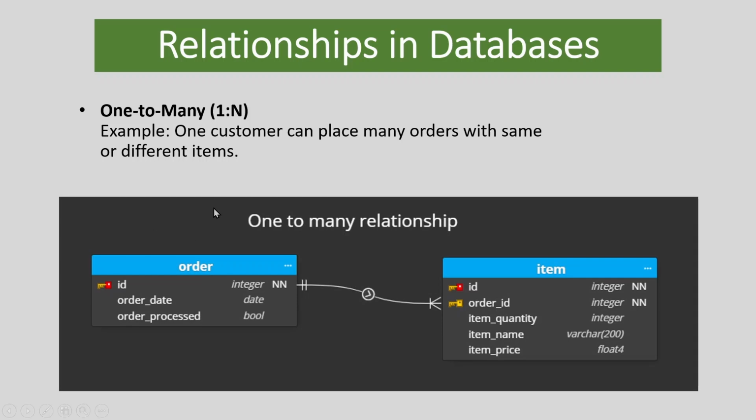The order table will have order ID which is unique, but in the items table, we will have the same order ID multiple times, because this is an item table. For example, one order has 4 items, hence in the item table we will have 4 rows with the same order ID. It means one-to-many relationship. This is what it means. Okay, we'll go to the next one.